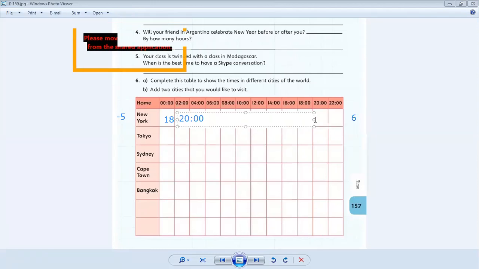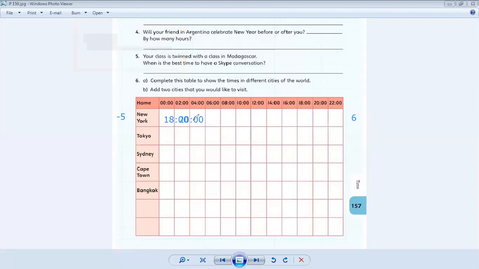I couldn't change the size of my numbers, that's why I need to write with this one. Okay, I try this. And the time is 4 o'clock in Libya.